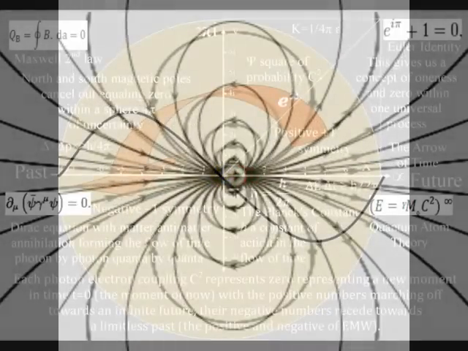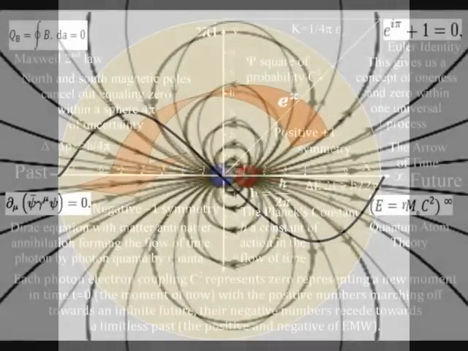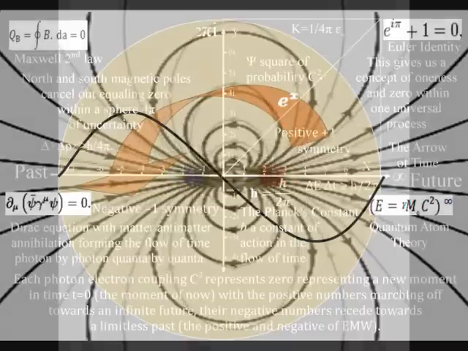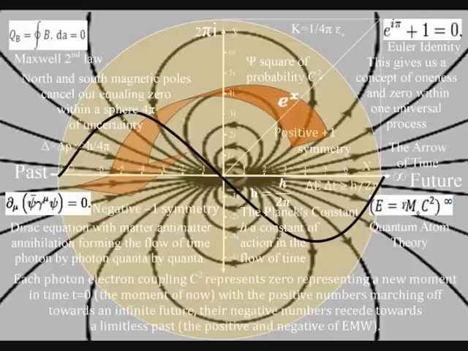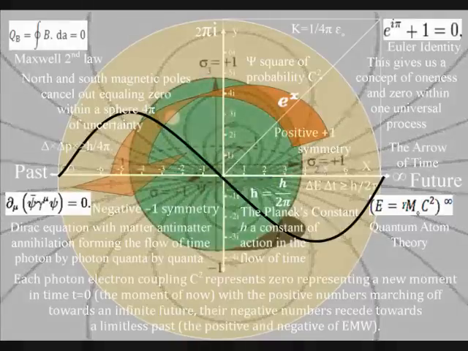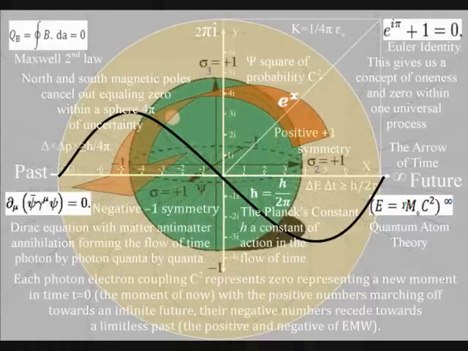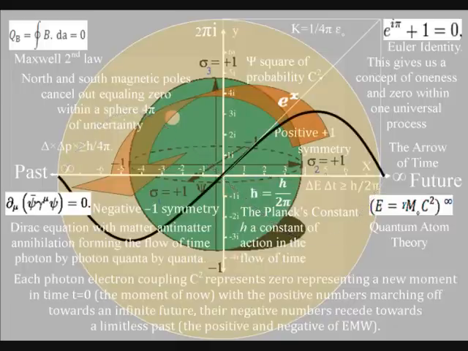On the lower left-hand side of the diagram, we have Dirac's equation that also equals 0, representing 0 time, with matter-antimatter annihilation, forming the magnetic moment or dipole moment, with the future coming into existence, photon by photon, quanta by quanta. This magnetic moment is formed when light waves interact with matter to form a photon-electron coupling, and the electron is the most spherical object in the universe.